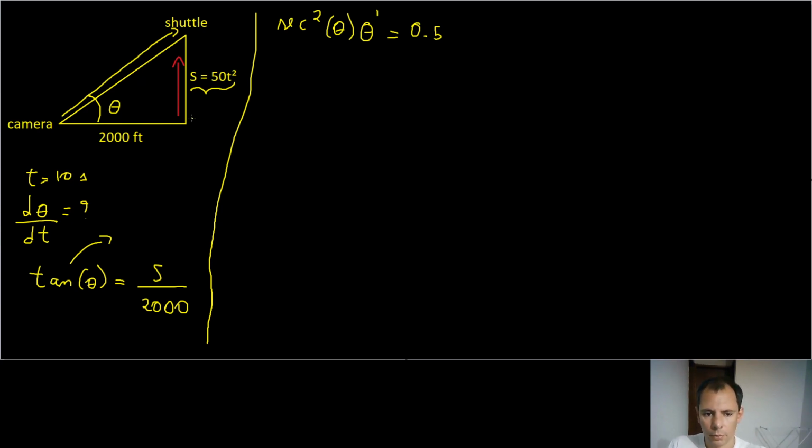Okay, so here we go. When t equals 10, 10 squared, 100, 100 times 50, 5,000. So this thing here is going to be 5,000. Okay. Now, if this is 5,000, this side, I'm just going to put a 5,000 here.